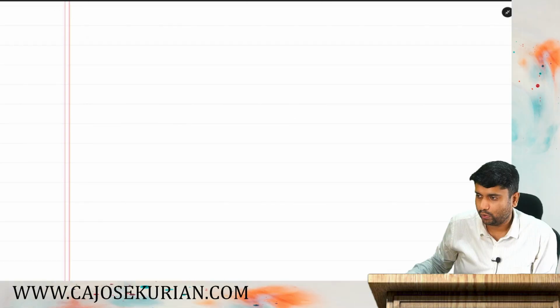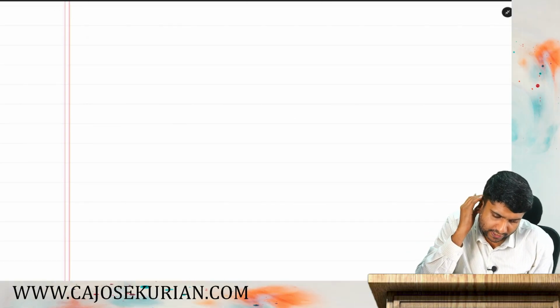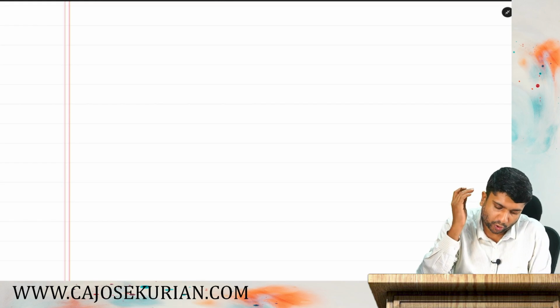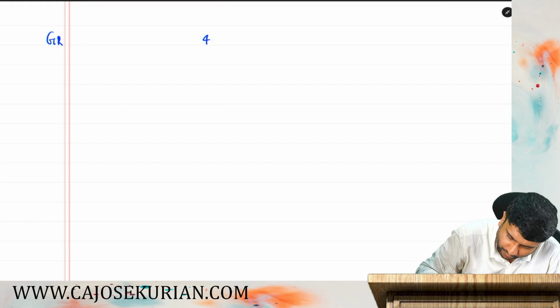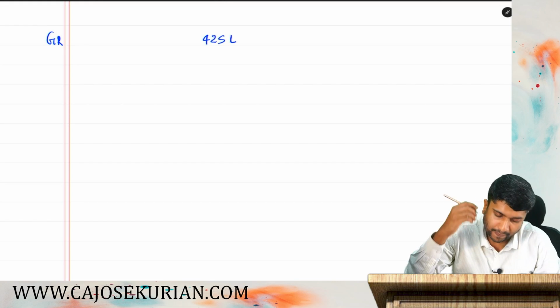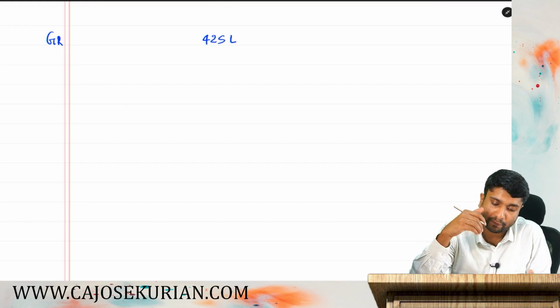It furnishes you the following information for the year ended 31st March 2024. So let's read it further. The gross receipts from hospital, so we will write gross receipts from hospital, and how much is that? 425 lakhs.